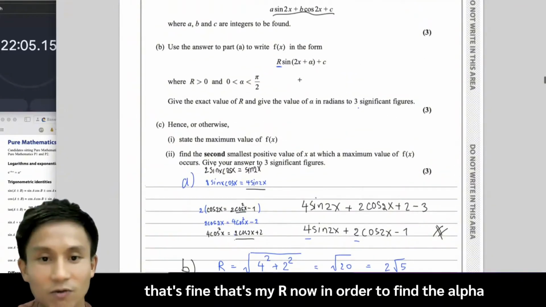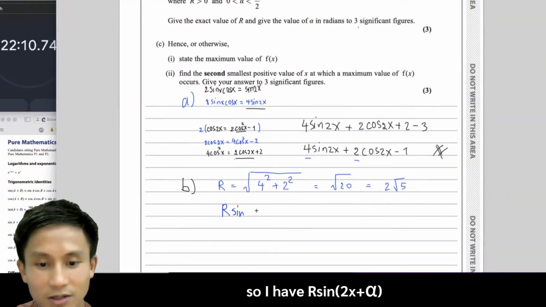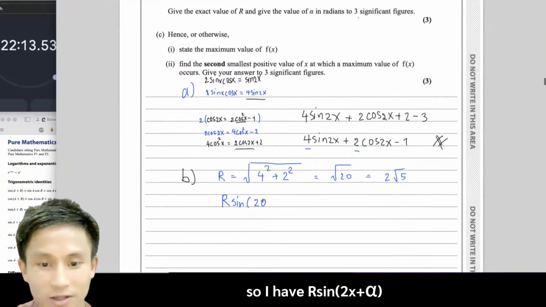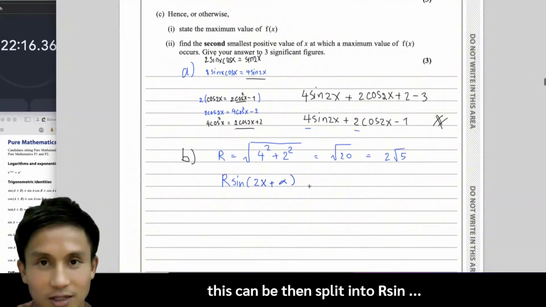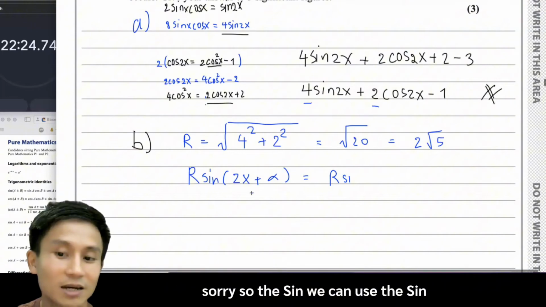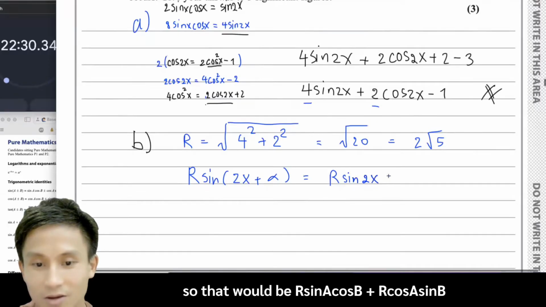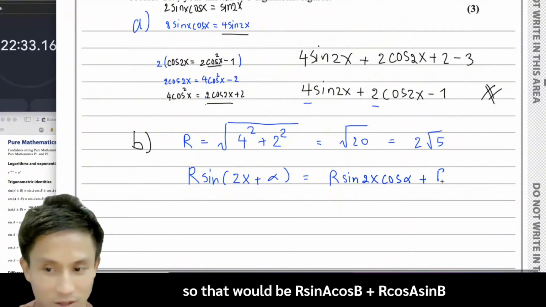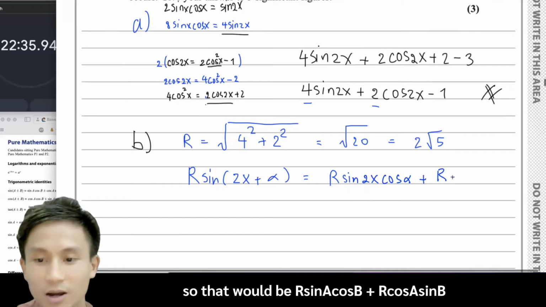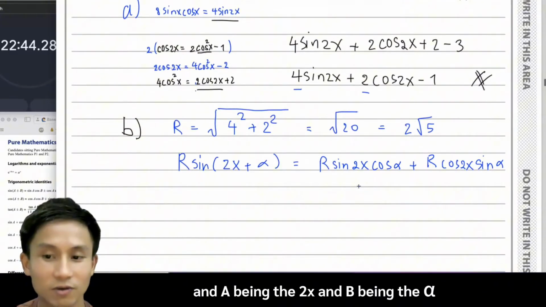Now, in order to find the alpha, I need to take this form. So I have R sine (2x plus alpha). This can be split using the addition formula of sine A plus B. That would be sine A cos B plus cos A sine B, with the R multiplied in front, and A being the 2x and B being the alpha.